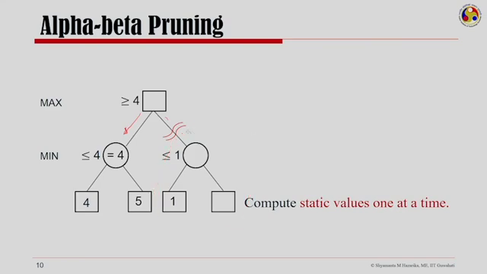Therefore this tree does not exist for him, and once he can cut this tree out, he can update that value to be really 4. So we have got to the same result as in the minimax procedure, but we have not evaluated even this node. These values that we have cut out cannot affect the value of the root node.